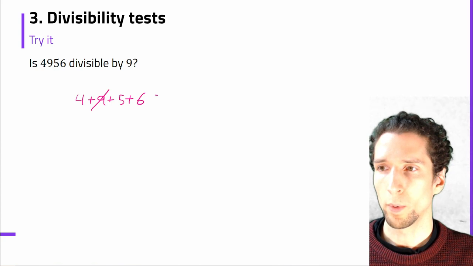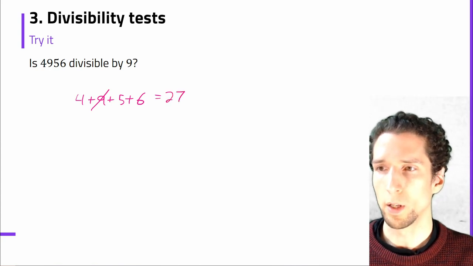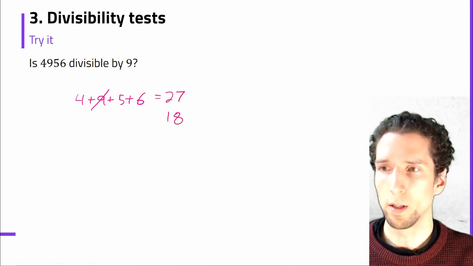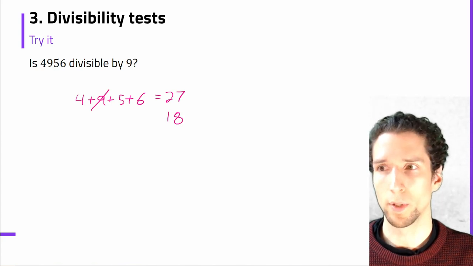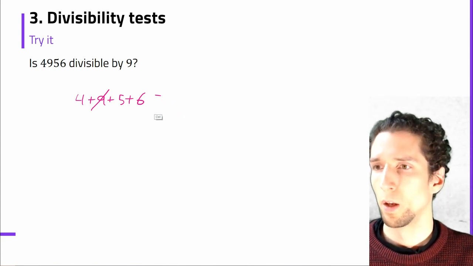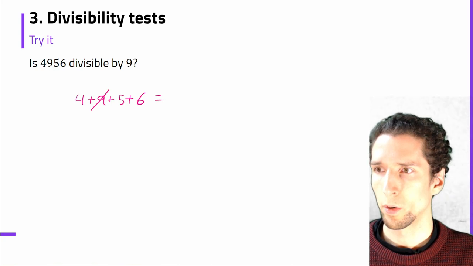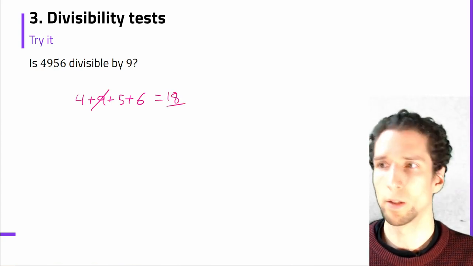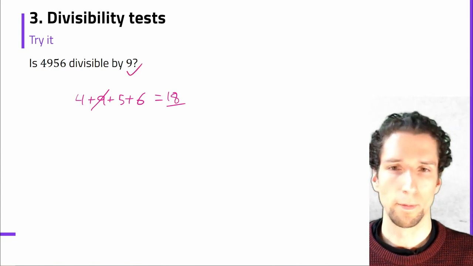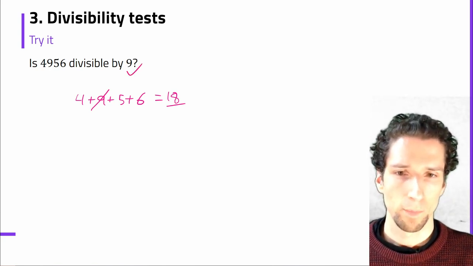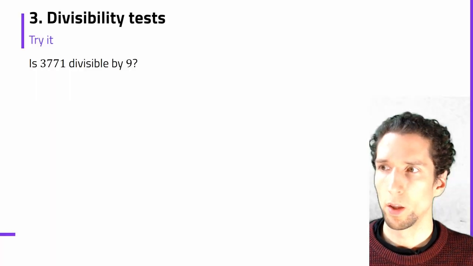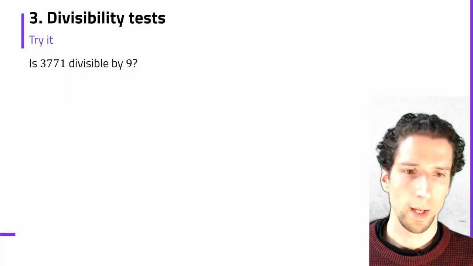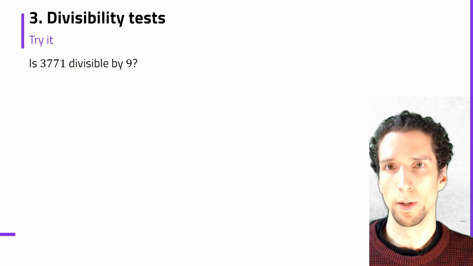If we included it, we would get 27, and if we don't include it, we will get 18, and those are both divisible by 9. So it doesn't actually change what we're doing. I'll do the shorter one here. So 4 plus 5 plus 6, 18. Yes, divisible by 9. Okay, that's my turn. And your turn with this number, 3,771.